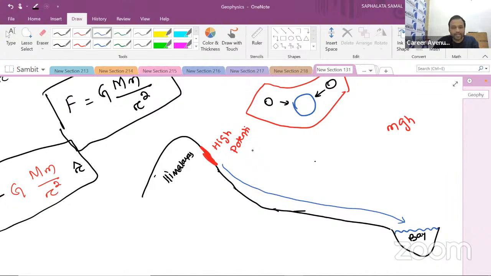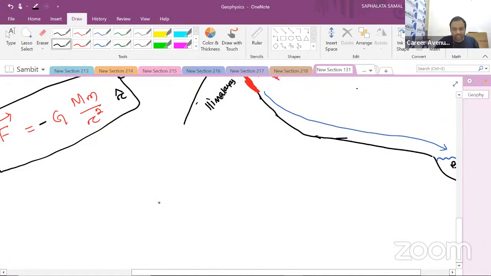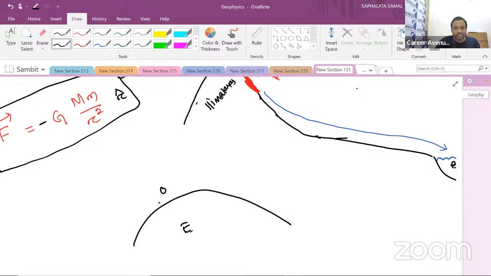So any object, for example, we can take a tennis ball. Let's say we have the earth. This is the earth. You are standing over here. You are throwing a tennis ball upwards. When the ball goes up and tries to come down, the earth is attracting this ball towards itself.